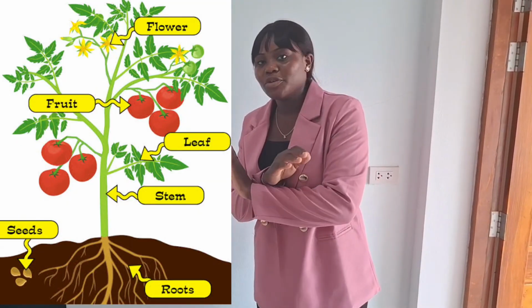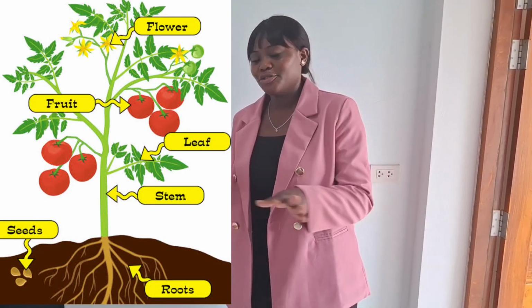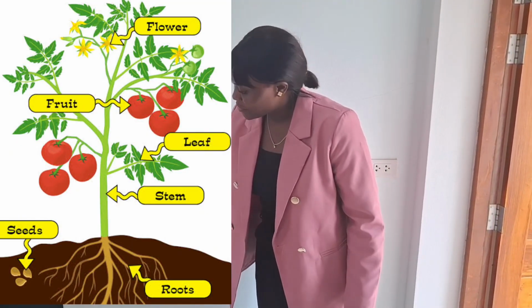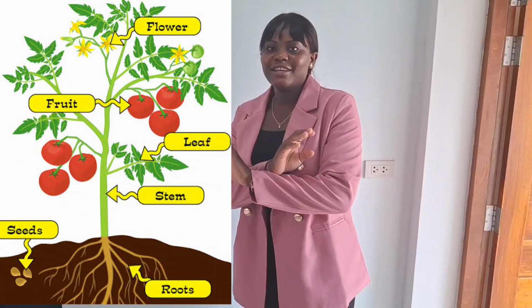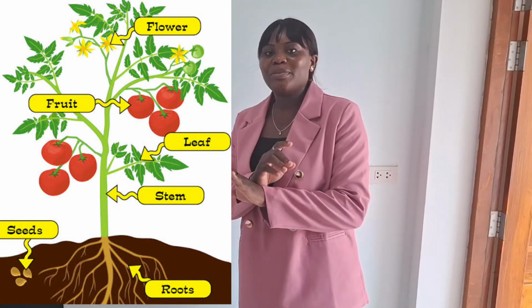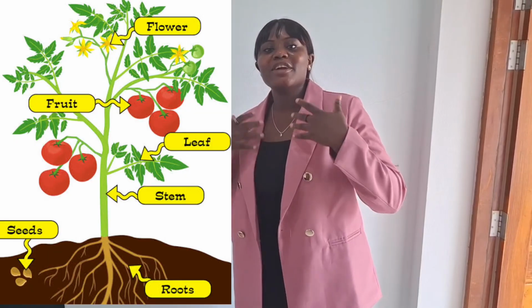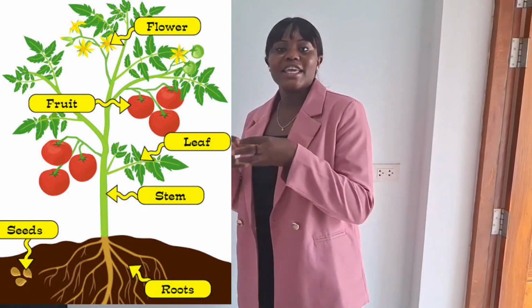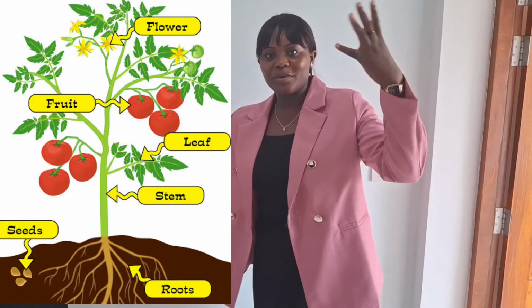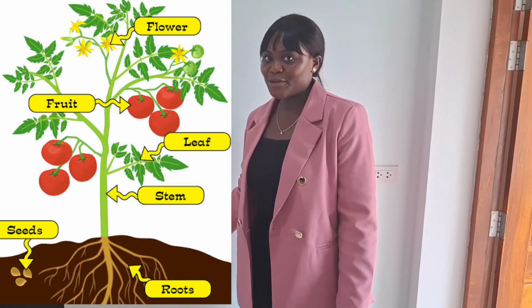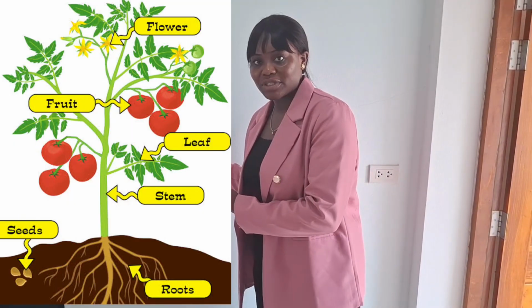So with no roots, no plants. No stem, no plants. No leaves, no plants. So they all are working together for the proper functioning and growth of the entire plant. So they are all important.